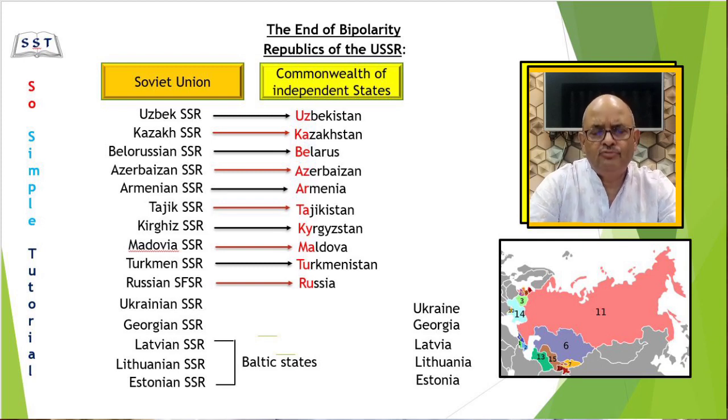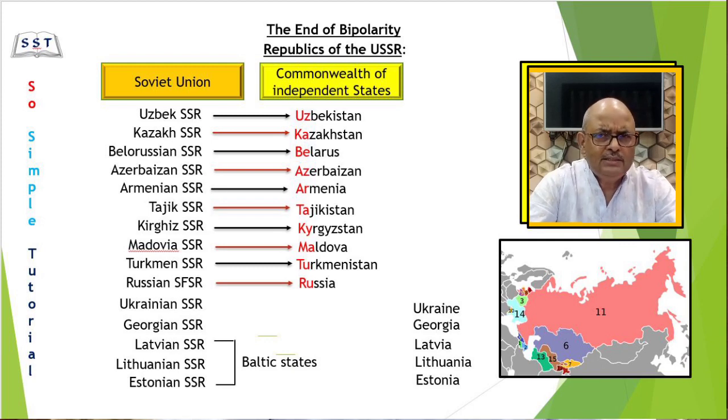Thereafter, in 1922, a treaty takes place between Russia, Belarus, Ukraine and Transcaucasia, and the result was the birth of USSR, the Union of Soviet Socialist Republic. Today, Ukraine and Russia are at war with each other, and just 100 years ago they had come together.